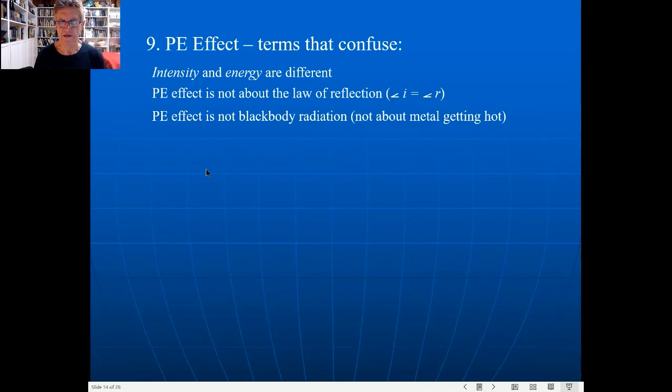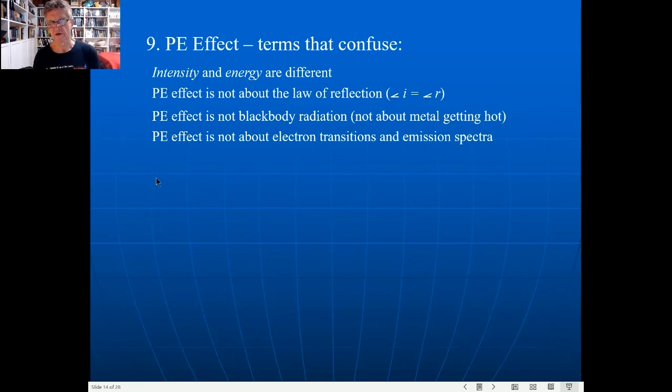The PE effect is not about black body radiation, so even though the metal might get a bit hot, it's not emitting radiation as a black body. Students often think that's a key point. It's not about electron transitions like in a hydrogen atom, falling from one level to another and giving off a spectrum of light. That's not the PE effect.